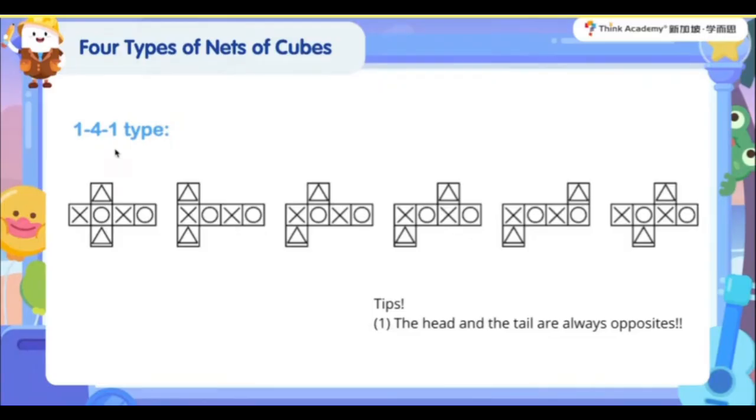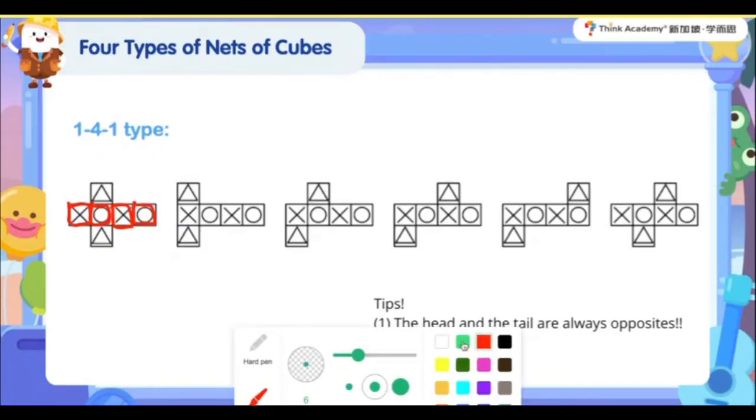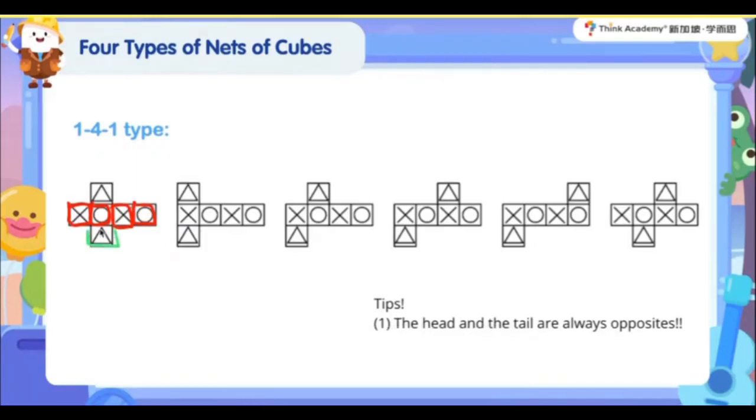You can just imagine the one on the top, we unfold it, and then the 4 here. These 4 are just the faces on the body, right? 1, 2, 3, 4. And then this one at the bottom is just the face at the bottom, right?